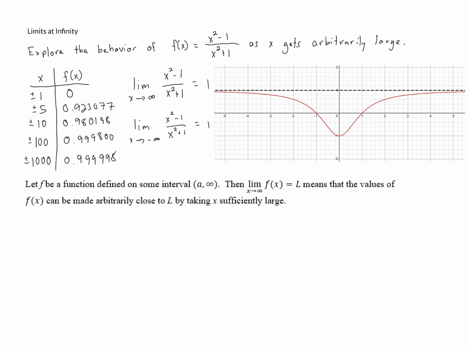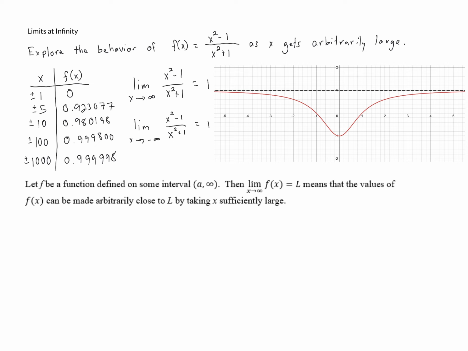So remember with our deltas and epsilons that we saw with the precise definition of a limit, what that means in this case is that for any epsilon greater than 0, for any positive distance away from our limit, we can take a delta that's large enough such that if x is larger than delta, if x is larger than a certain number, then the distance between our function and that limit L is less than epsilon.